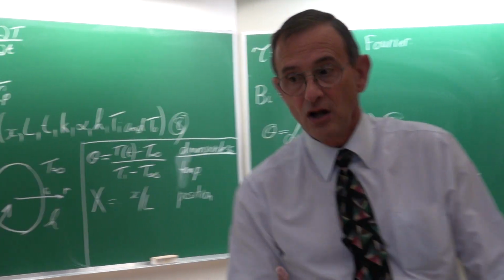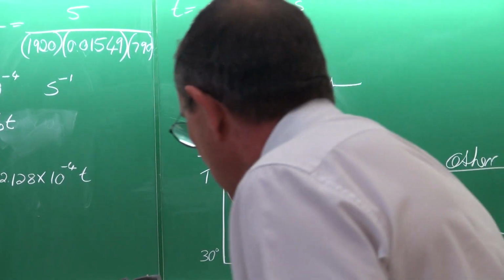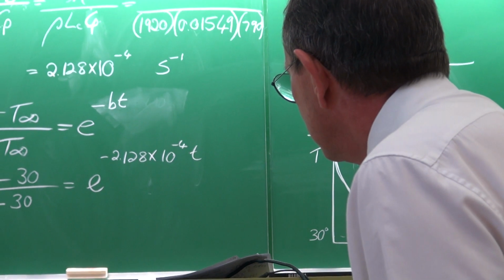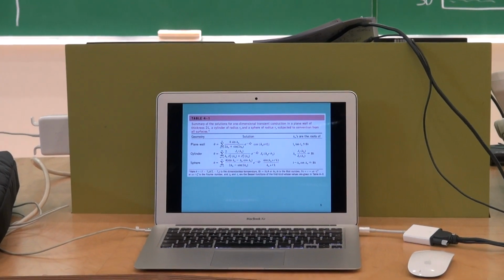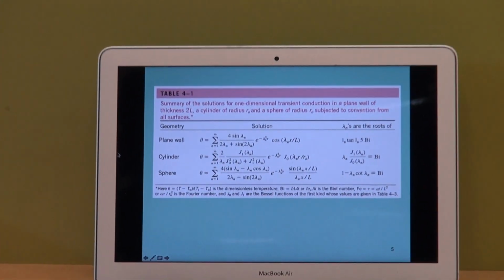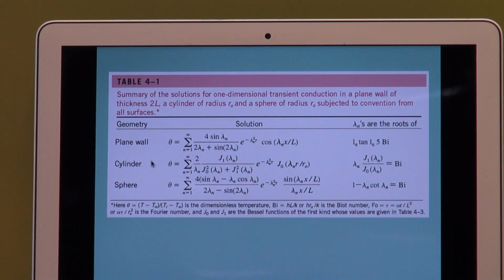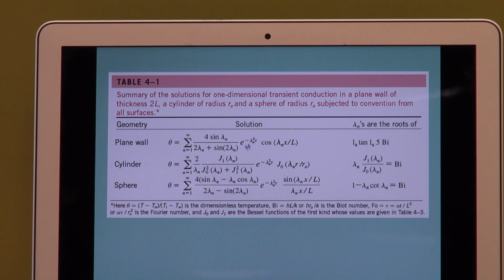Right, now the results have been summarized in table 4.1. Now this table is very important. You will see that it gives the solution for the plane wall. There's the solution for the cylinder, and there's the solution for the sphere.